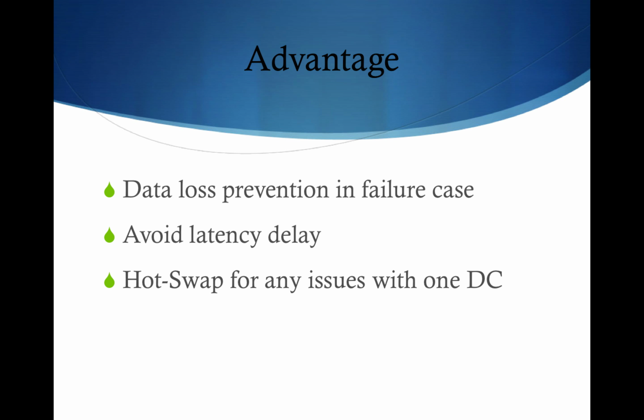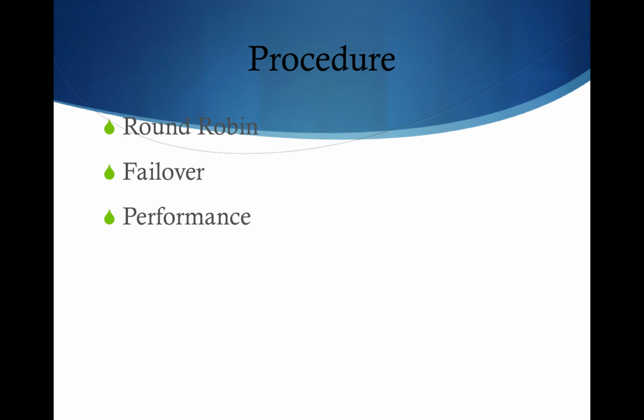So imagine data centers in the United States and Europe. Users in Europe can retrieve data from their data centers, and users in the United States can retrieve data from the United States data centers. So a significant network delay is avoided. In case of failures, we can switch from one data center to the next.